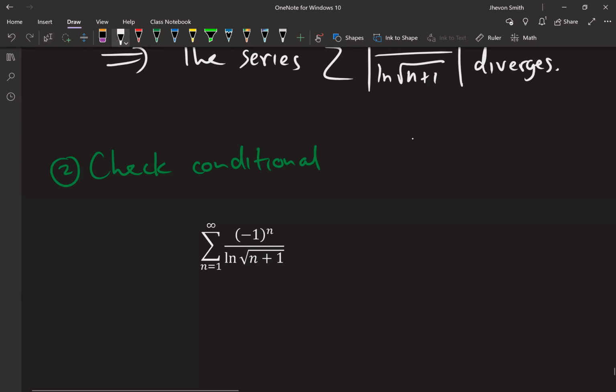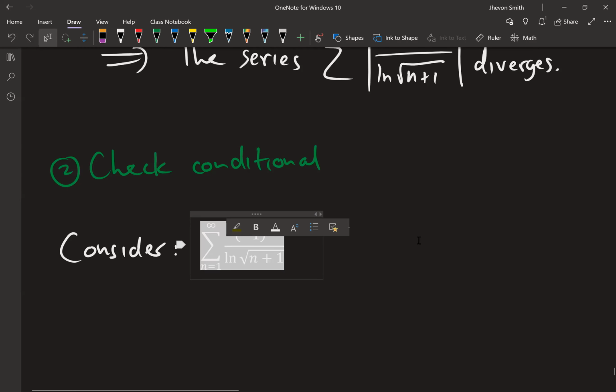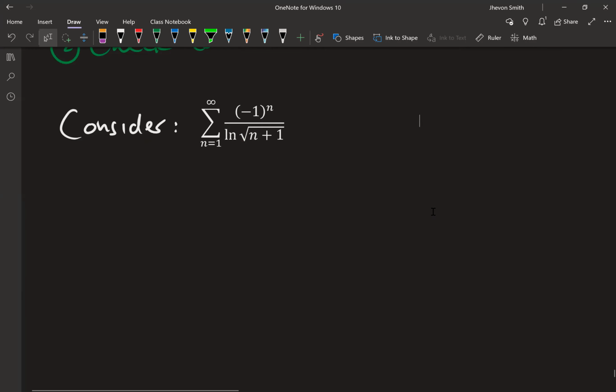Take the absolute values back off. All right, now tell me about this series. What can you tell me about this? Converges or diverges, and how would you know?